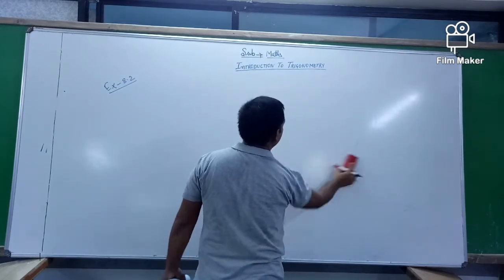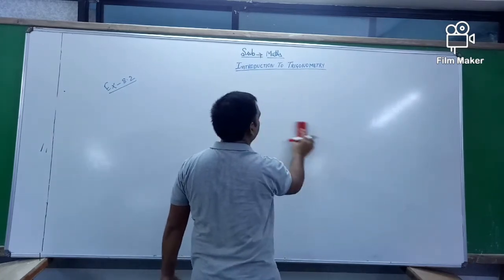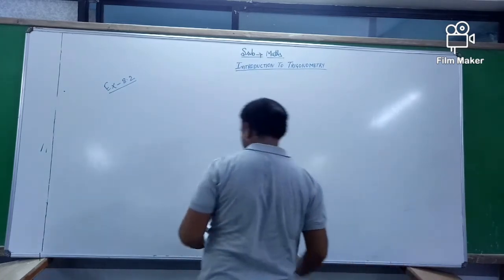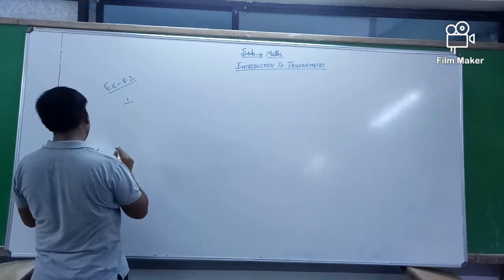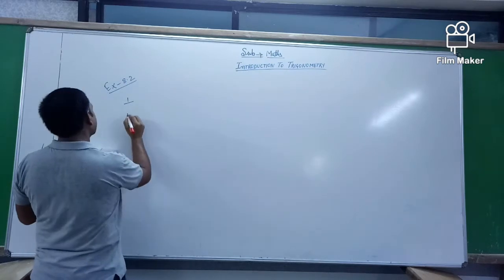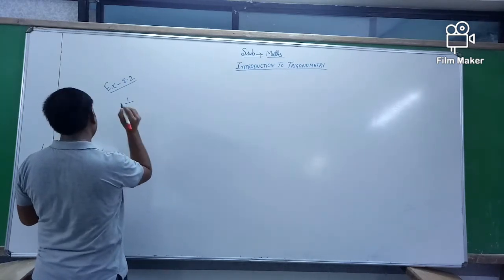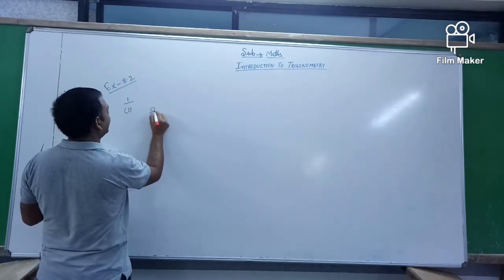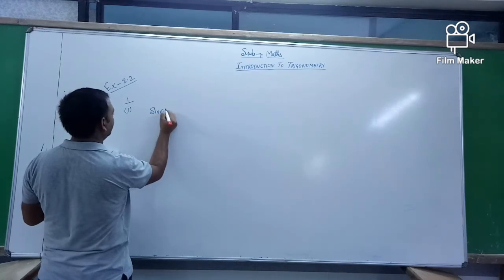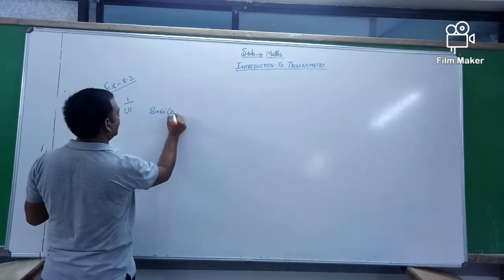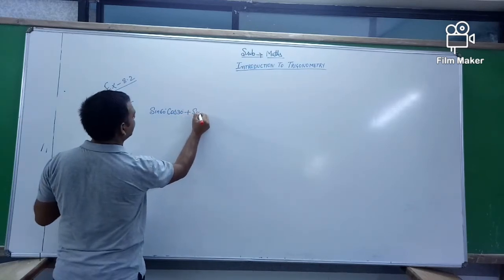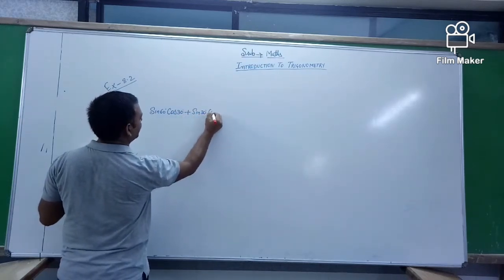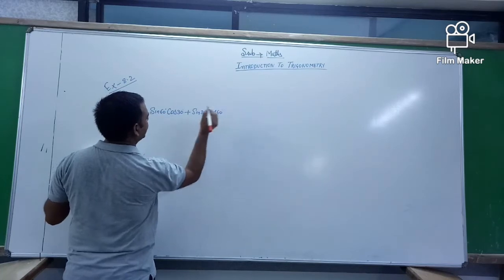In exercise 8.2, the question number 1 is given: sine 60 degree into cos 30 degree plus sine 30 degree into cos 60 degree.